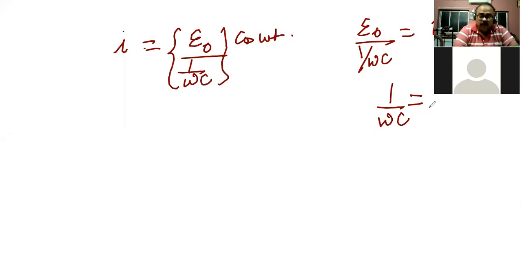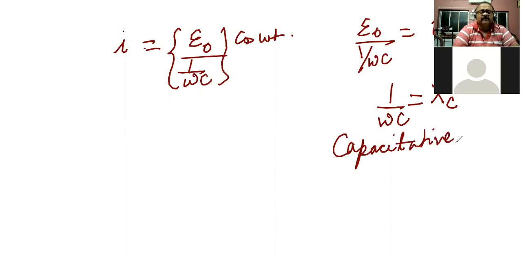So that's why we called it X suffix C, that is capacitive reactance. In case of an inductor, we have inductive reactance. In case of a capacitor, when connected across an alternating supply, we call it capacitive reactance. This is very, very important.